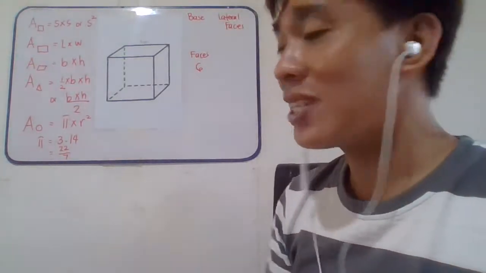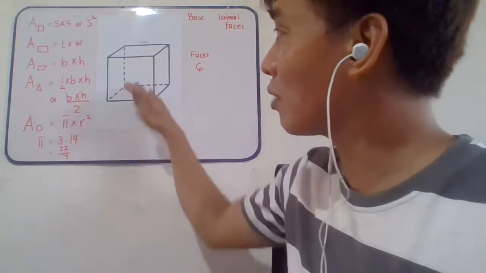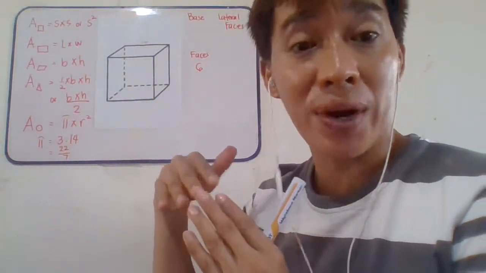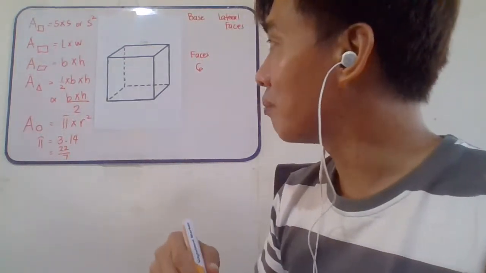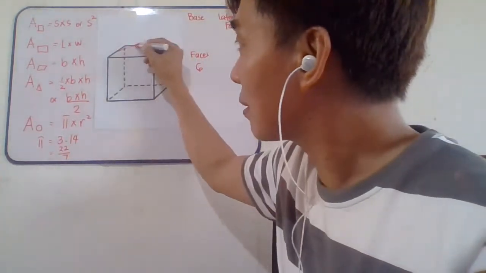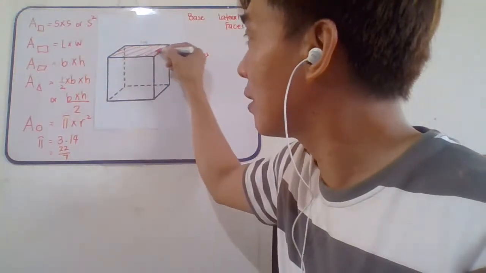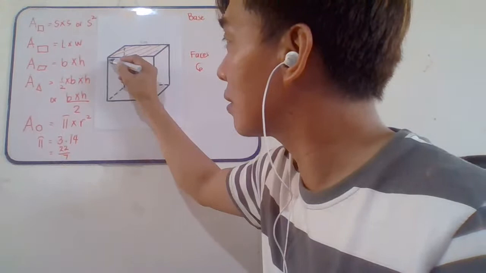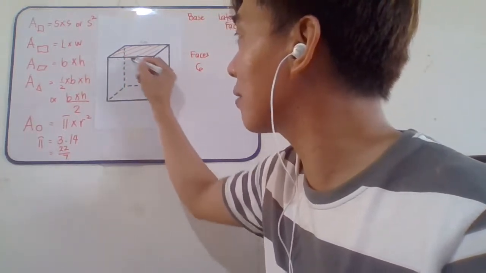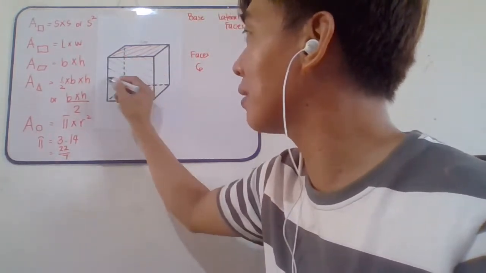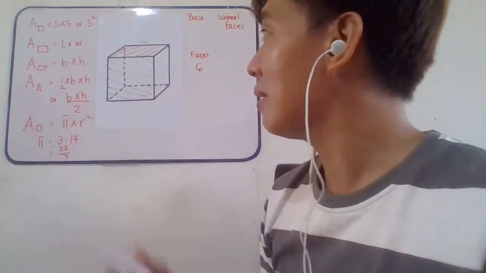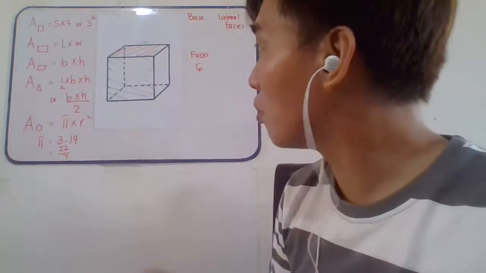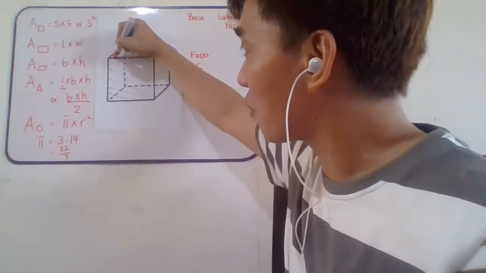Now, if you notice, our faces meet somewhere. For example, the top of our figure, compared with the front, the top and the front meet somewhere here.